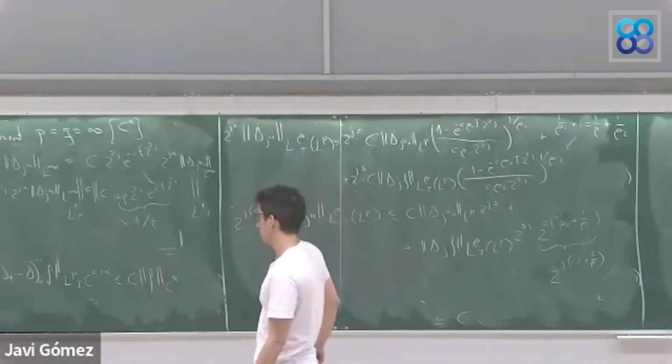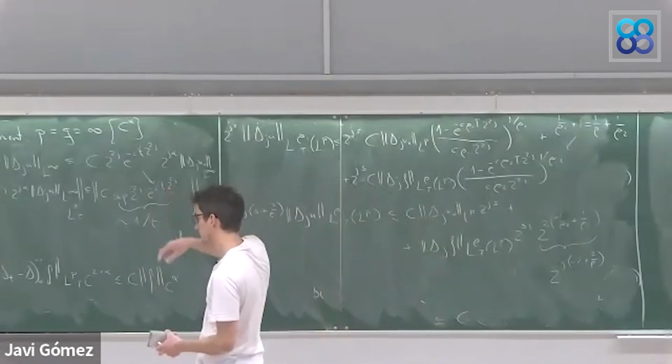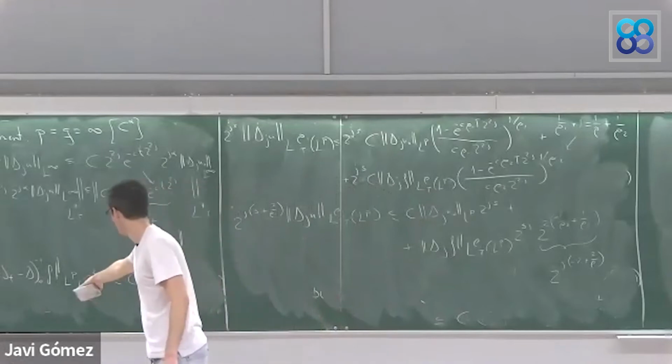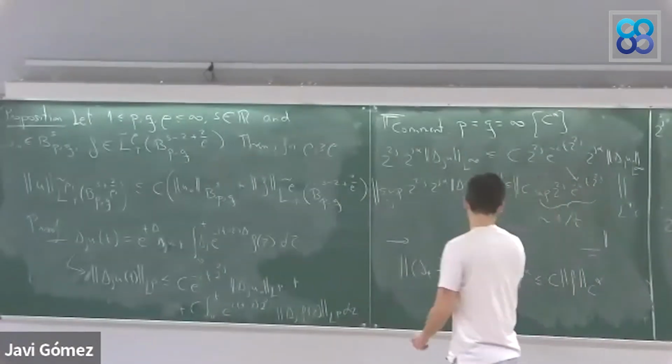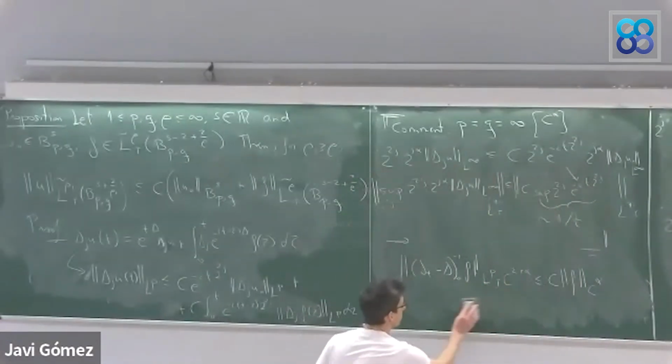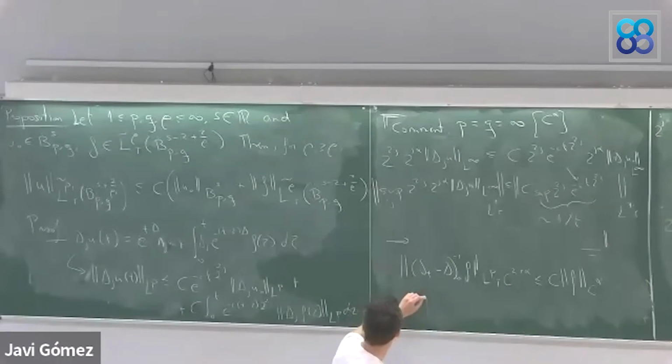Spaces. So it's not included from, okay, so this should be a part of the index here. So this is the LP level. So C2 alpha is B infinity 2 plus alpha.